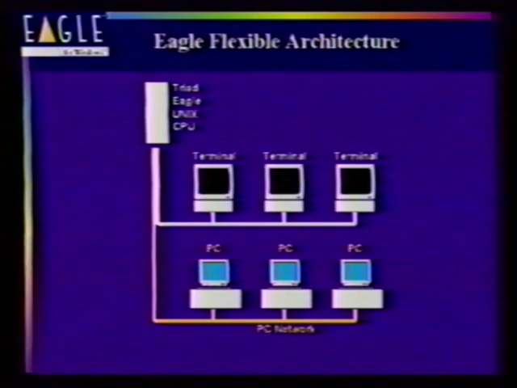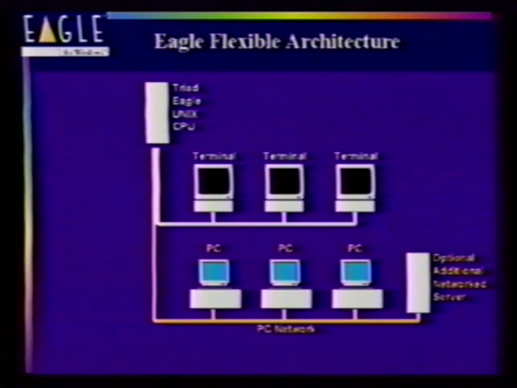Now this PC network can consist of a large series of PCs all networked together, or it could be only one or two PCs attached to the Eagle using a PC connection. You could even add an optional additional server to the network if, for example, you want to have a web server connected to your internal network of computers.